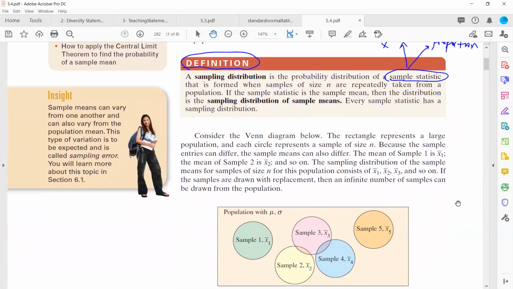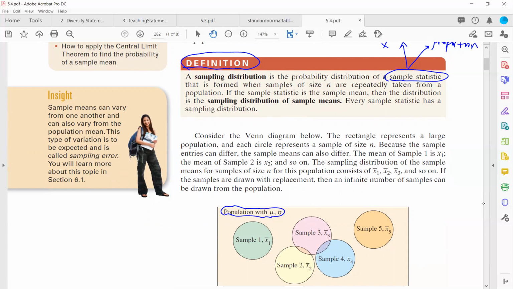So suppose you have a population with mean mu and standard deviation sigma. The mean of the first sample is x1 bar. The mean of the second sample is x2 bar. The mean of the third sample is x sub 3 bar. The mean of the fourth sample is x sub 4 bar.